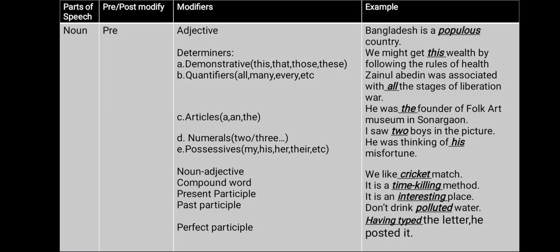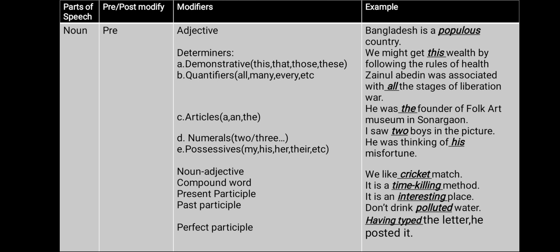We'll make a table for each modifier. The first column will say about the target part of speech. The next column will say about pre or post modification. The third column will say who are the modifiers in this case. An example will make the idea clear.